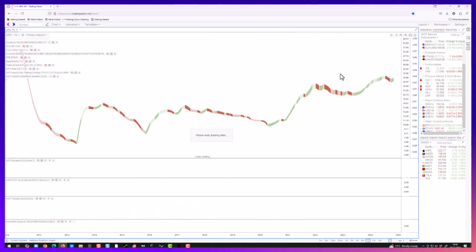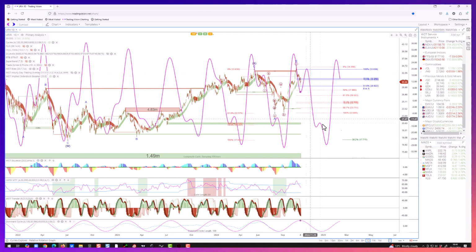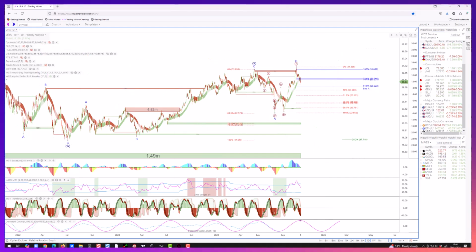Now, if I just bring that down to the daily time frame for a moment, this is the daily cycles. It's expecting a small bounce, then a move down. This move down should take us into around, guess where? Mid-January. Then we start the next leg up. Now, I'm looking for one of two things.